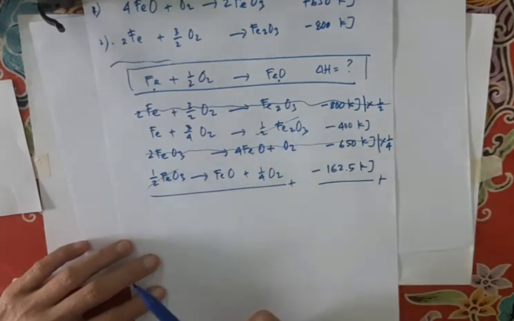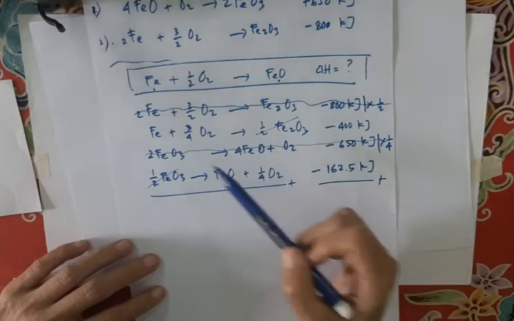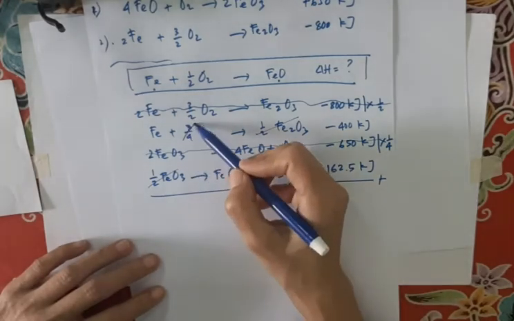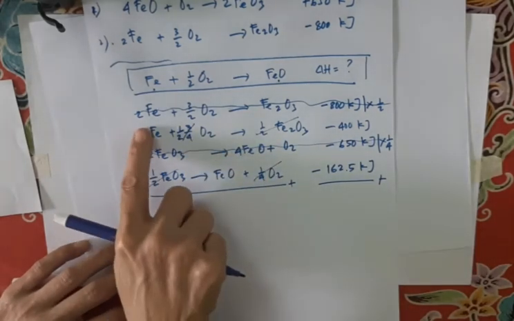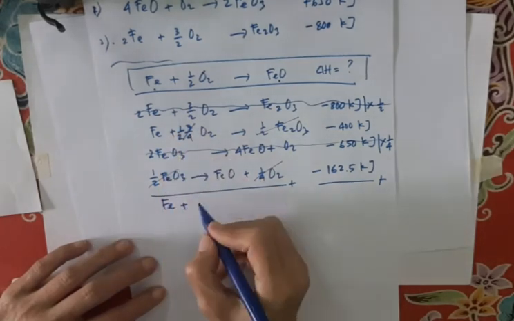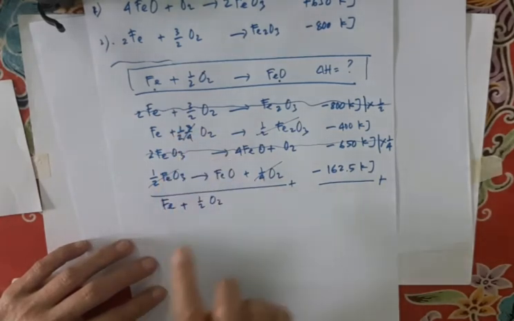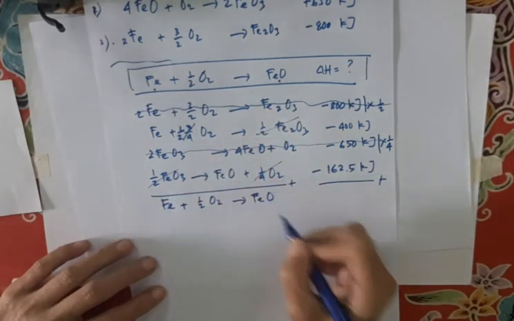You can cancel out this one, right? You can cancel out this, and the remainder is a half. Sum, please. Fe plus FeO.